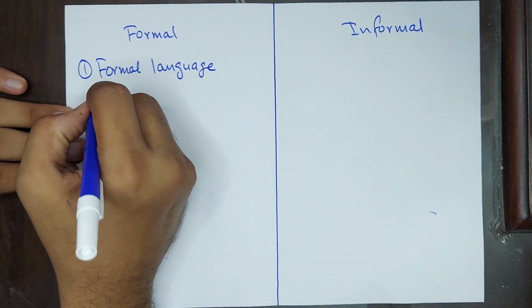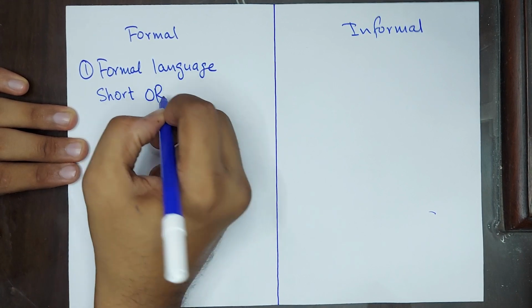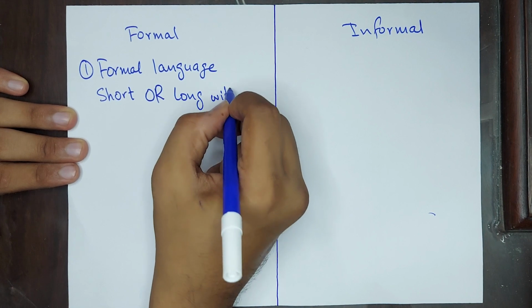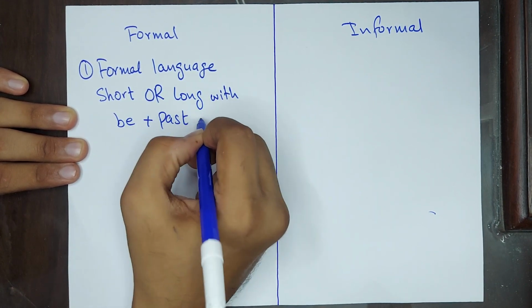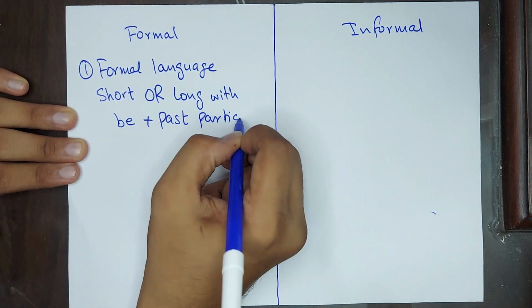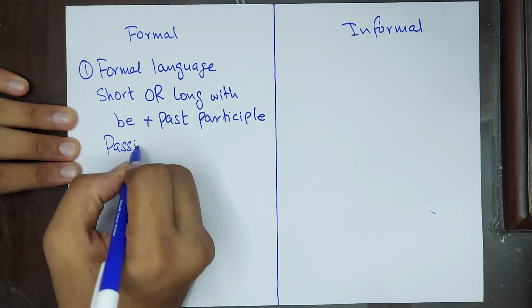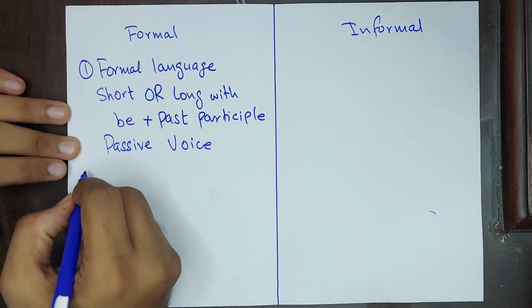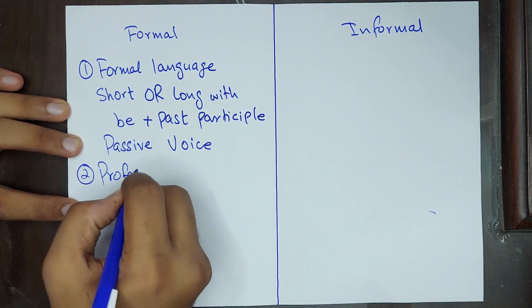You can have sentences that can be short or long with the be plus past participle, which comes out to be passive voice. But I warn you, please be limited in your use of passive voice. Number 2, professional vocabulary.